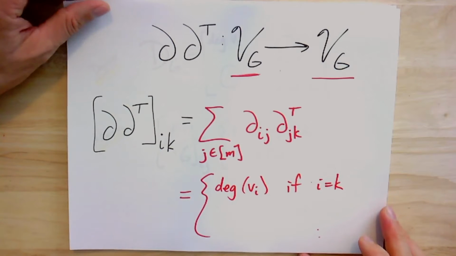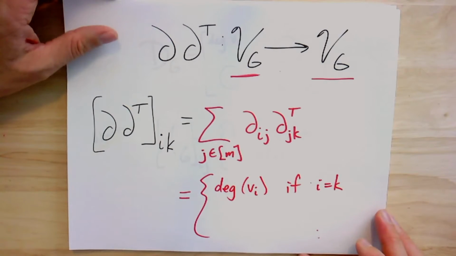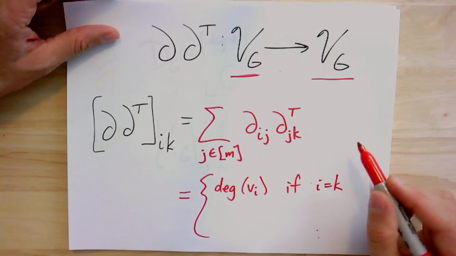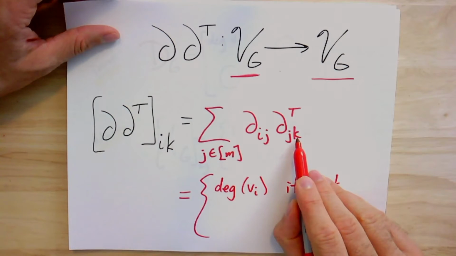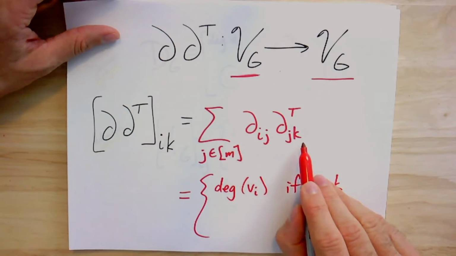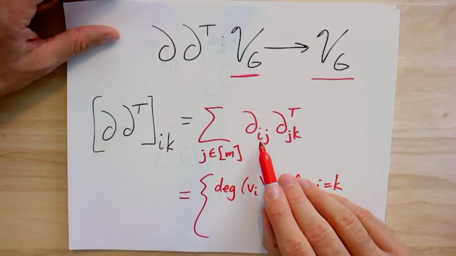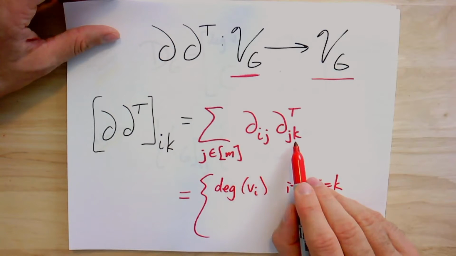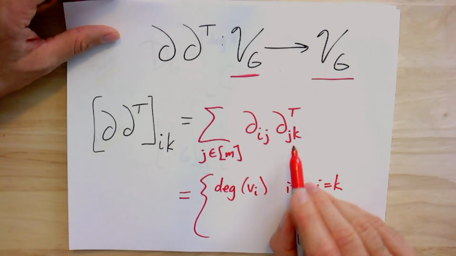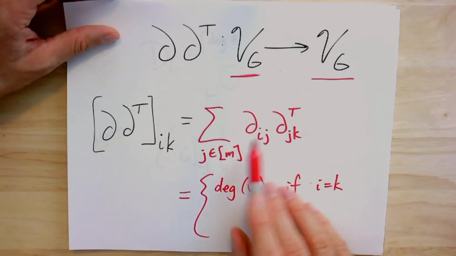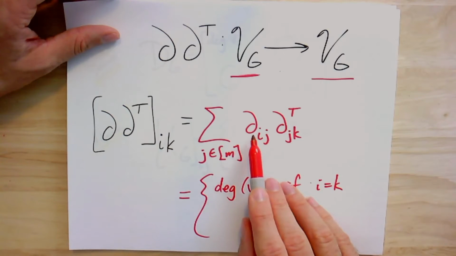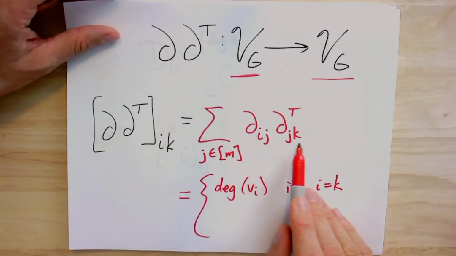Now, if i is not equal to k, if it's some other pair of vertices, remember that the i and the k in this case are giving us indices of vertices. If there's no edge that connects i to k, then there's going to be no edge for which both of these terms are non-zero.